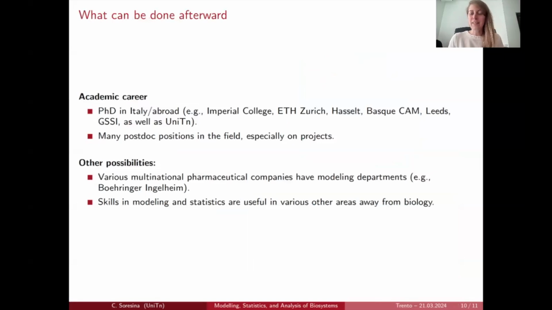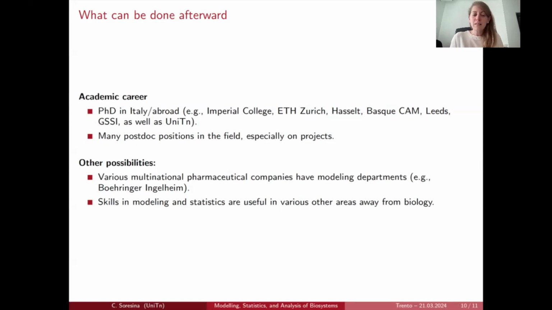What can you do afterward? Of course, you can go for an academic career with a PhD in Italy or abroad. Several students had positions here in Trento or also abroad in prestigious universities. Afterwards, there are several postdoc positions in this field, especially on specific projects.